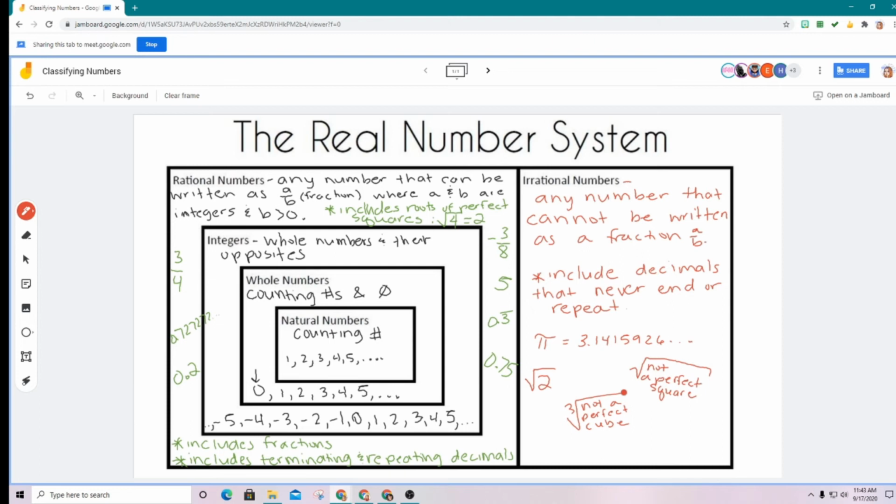Okay, so again, the reason this is important is I want us to be able to clearly identify a number as rational or irrational. I don't mind if you can't do these parts. I mean, this should be the easiest, but I want us to at least be able to say, I know this number is rational, or I know this number is irrational.